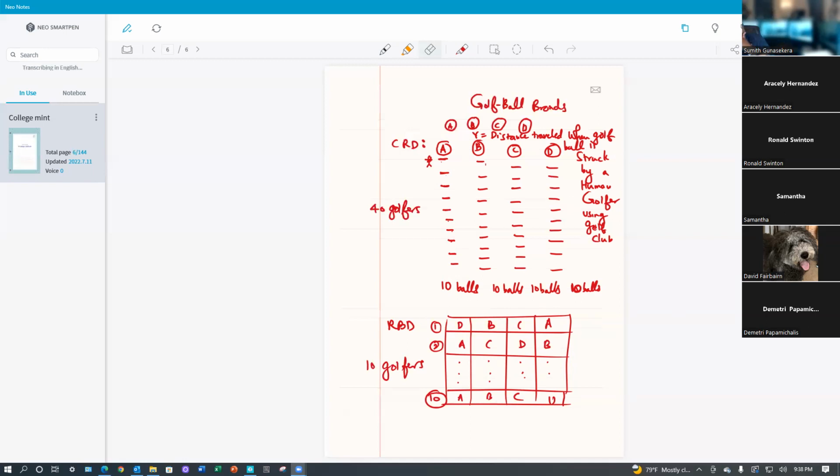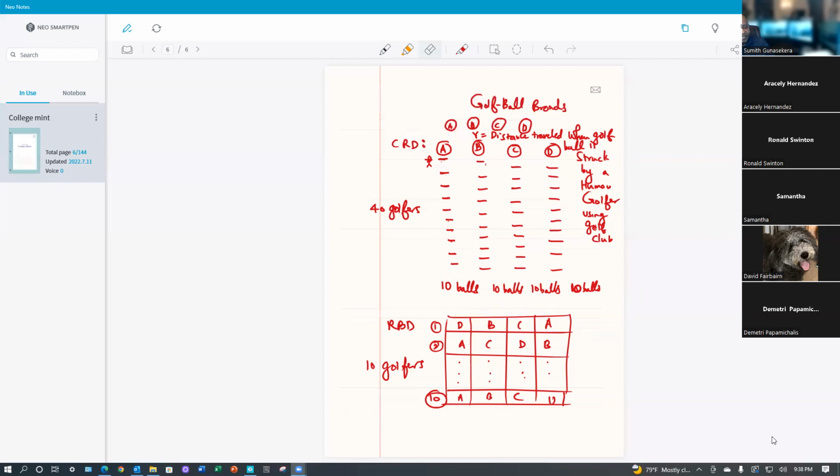It's been blocked. The same person is going to experience treatment 1, treatment 2. We can call these treatments: treatment 1, treatment 2, treatment 3, treatment 4. Here, this person is going to experience only one treatment.